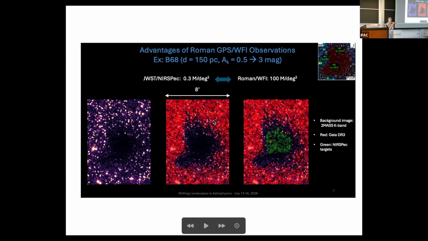It means many more lines of sight, but you can immediately start thinking that there will be lots of problems in terms of blending and extracting these sources. But overall, I would say statistics is going to be unbeatable, also because Roman will go down to 25 magnitudes in extinction.